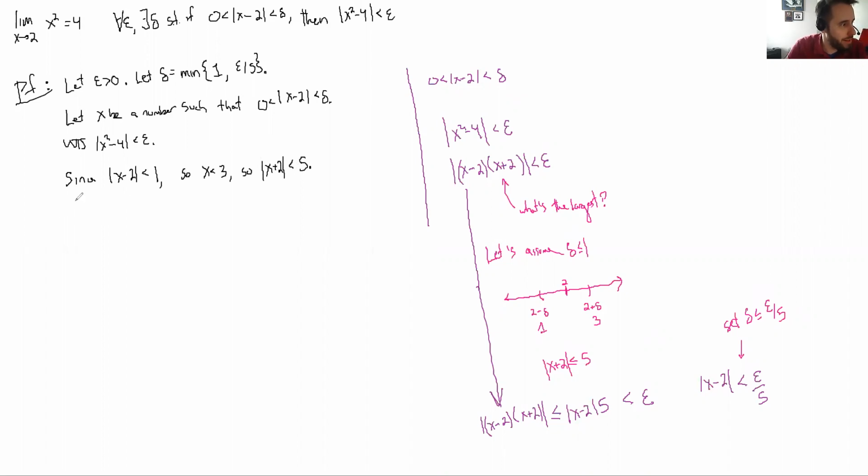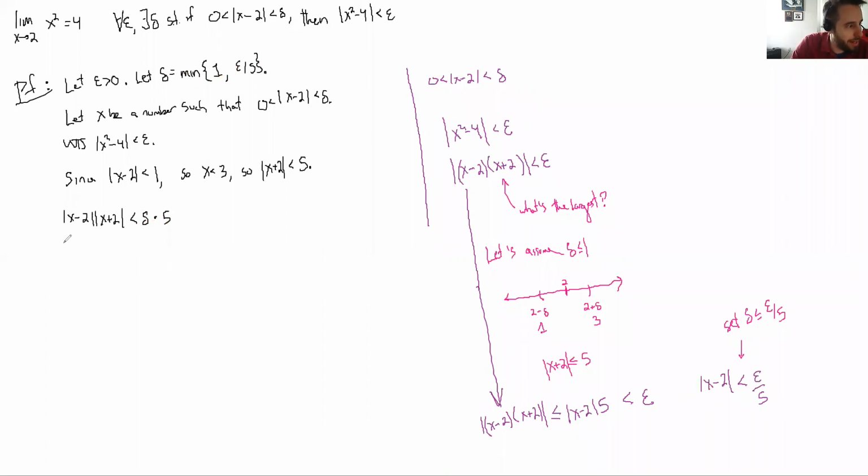That will mean that |x minus 2| times |x plus 2| is less than delta times 5. And since delta is also defined as the minimum of 1 and epsilon over 5, I can say that this will definitely be true if I replace that delta with epsilon over 5.